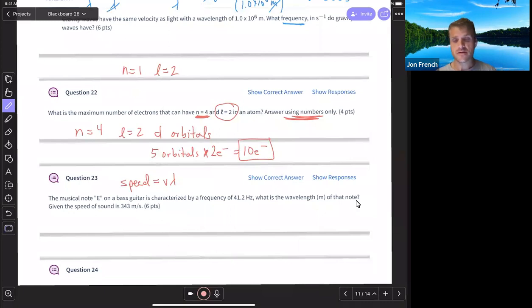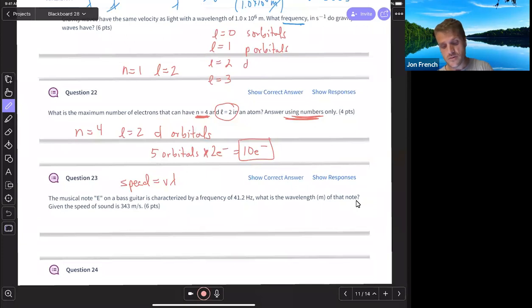The L tells us what orbital we're dealing with. L equals 0, 1, 2, or 3. When L is 0, that's telling us we have s orbitals available. When L is 1, that's telling us we have p orbitals available.